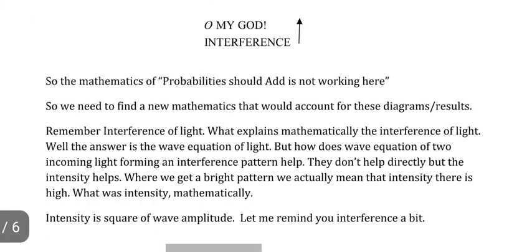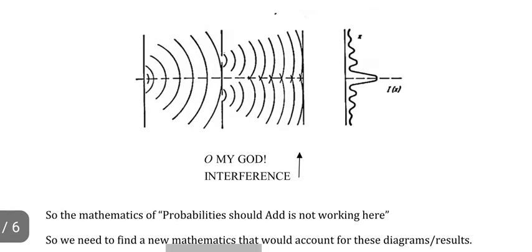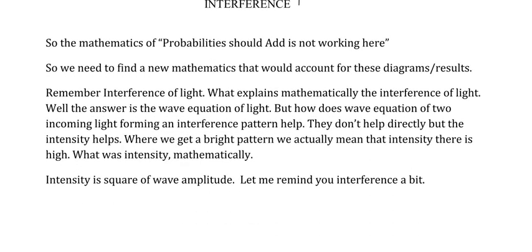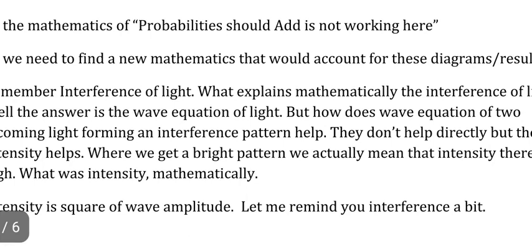In the interference of light we have intensity, and there is a formula for intensity that describes the interference pattern. But how did we get the formula for intensity? We used the wave equations of light coming from slit 1 and slit 2. Remember how we find the interference pattern equation? We just add the wave equations. I mean we add the amplitudes of the wave equations.